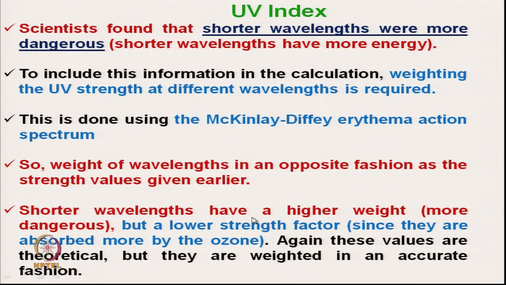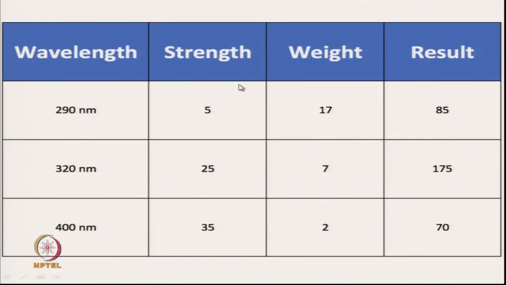Shorter wavelengths have higher weight. Okay. That is what I have discussed. Now, we simply multiply the strength with the weight. Here we have taken only 3 wavelengths, we can take other wavelengths also. We multiply this strength with the weight, and this is the effective result.